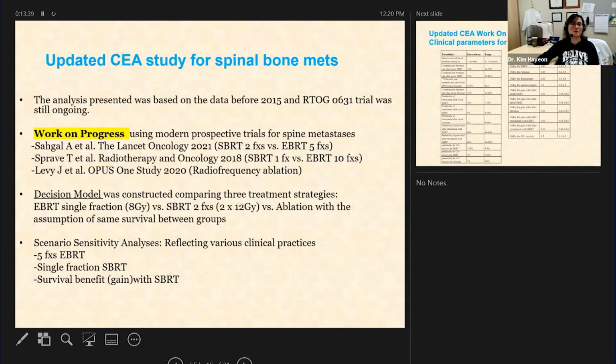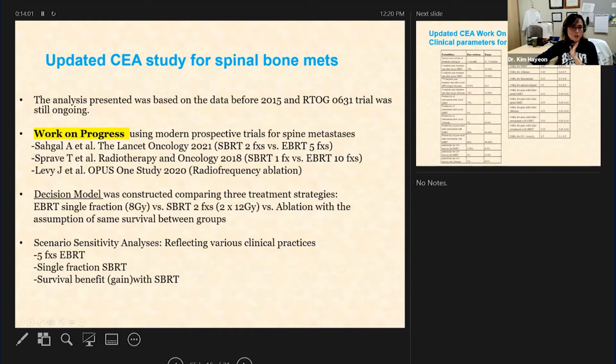A little bit strange, but anyway, the good thing is that we could get more prospective trial data recently for spine mets. Earlier, Dr. Sahgal presented his data.